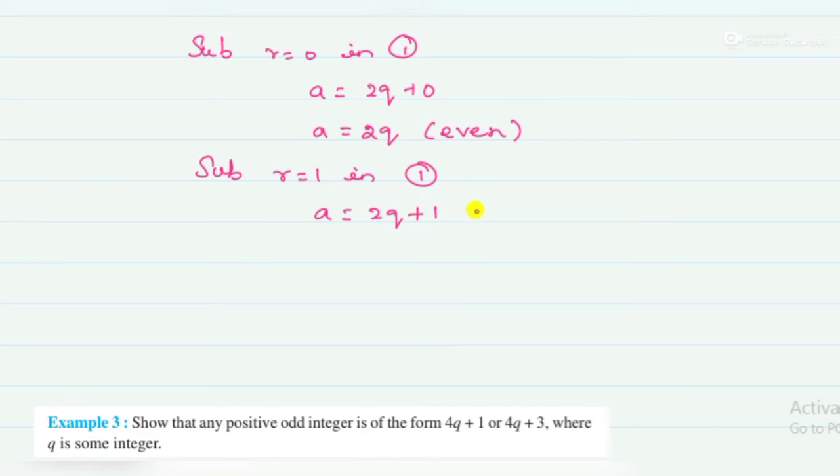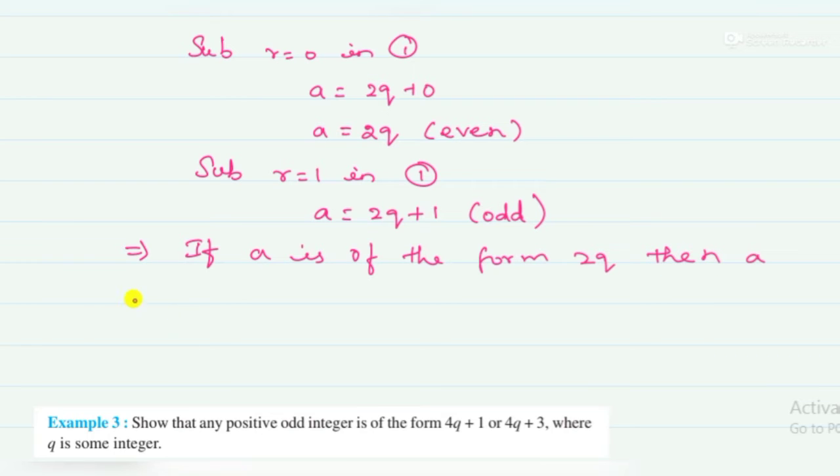Even number plus 1 will give you an odd number. So 2q is even, 2q plus 1 is odd. If a is of the form 2q, then it is an even number. If it is of the form 2q plus 1, then it is an odd number.